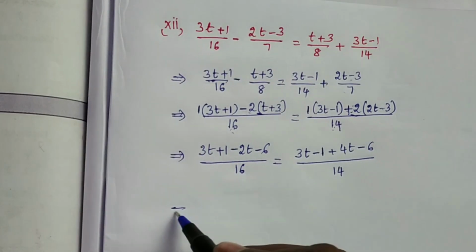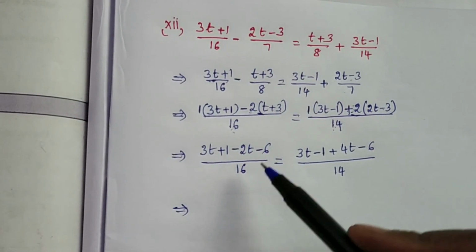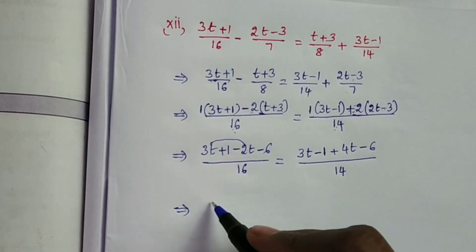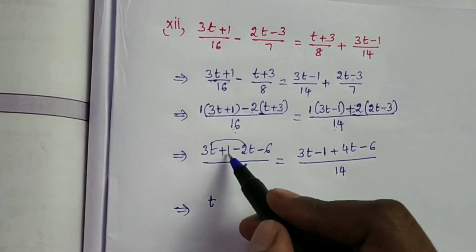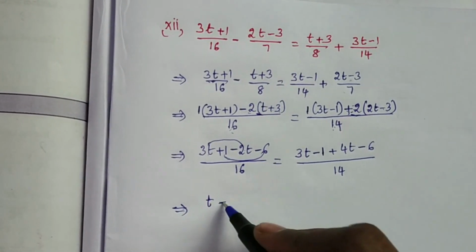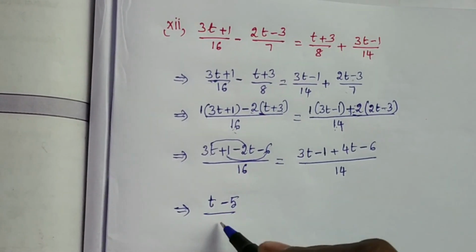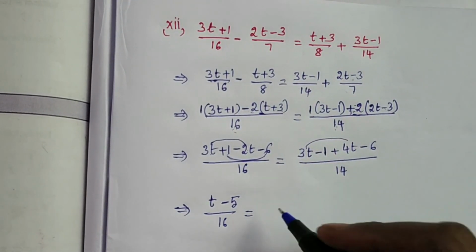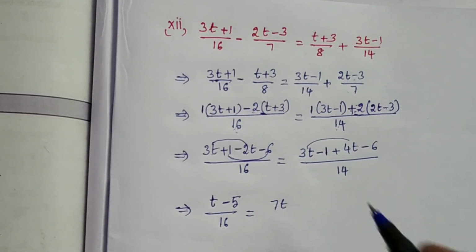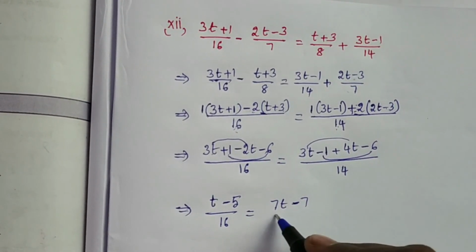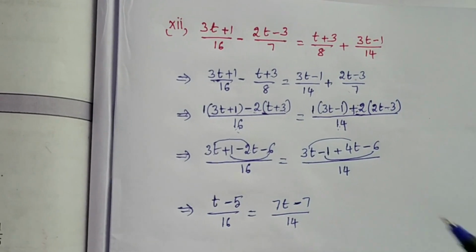So simplify them, add like terms, 3t minus 2t, that is t, 1 minus 6, that is minus 5 by 16 is equals to, add like terms, 3t plus 4t, that is 7t, add minus 1 minus 6, that is minus 7 by 14.